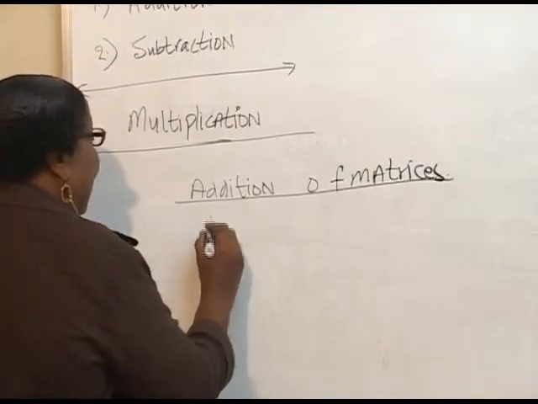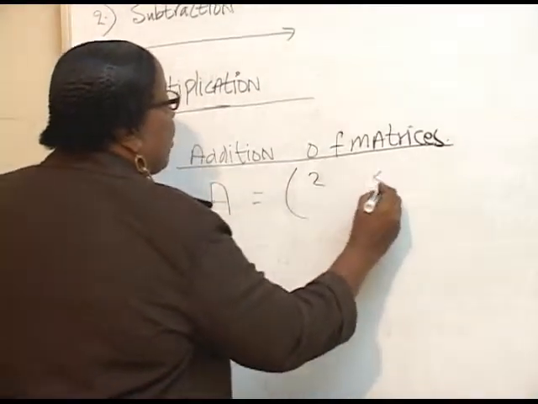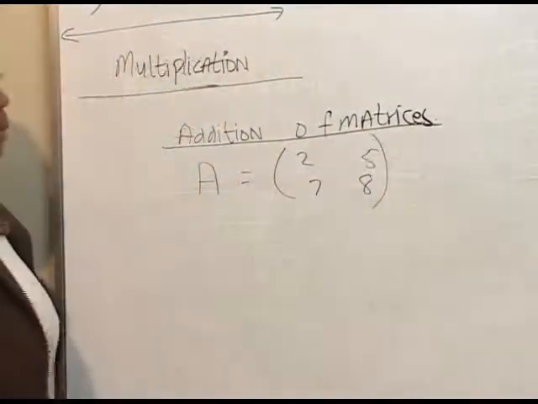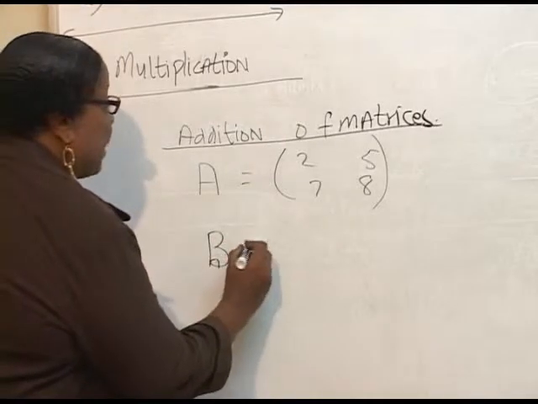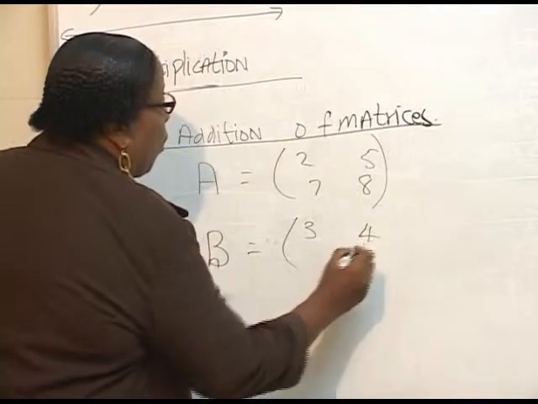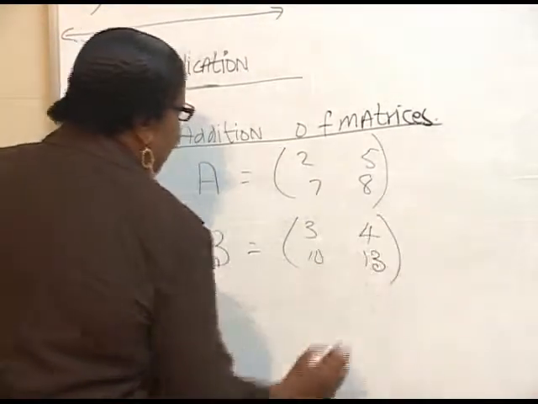And I would say if A is equal to the matrix 2, 5, 7, and 8. Don't forget we have to put them in a bracket. They like to be housed, okay? And B is equal to the matrix 3, 4, 10, and 13.